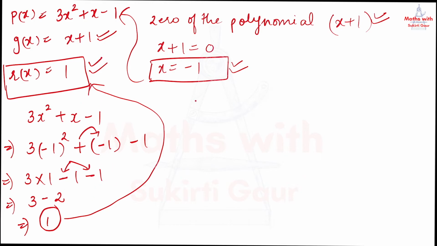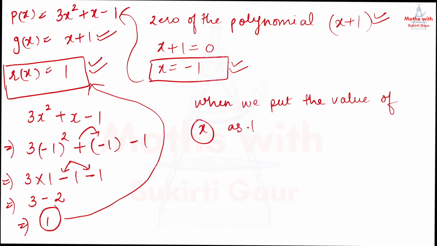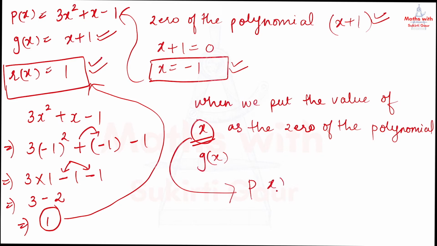It means that when we put the value of x as the 0 of the polynomial gx, which was nothing but our divisor, and put it in our main dividend, that was px, we got the same number which we were getting after dividing px by gx, just by putting this x equals minus 1, which was the 0 of our polynomial, our divisor.